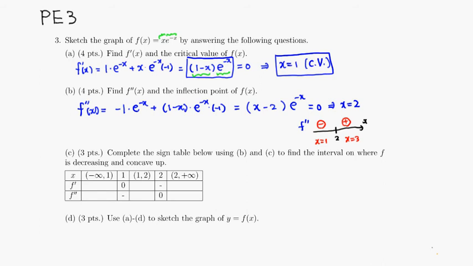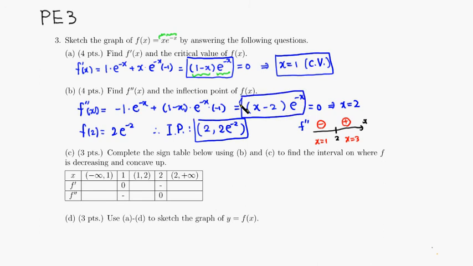All you have to do is find f of 2, which is equal to 2 e to the negative 2. Therefore, the inflection point has x value 2 and y value 2 e to the negative 2.